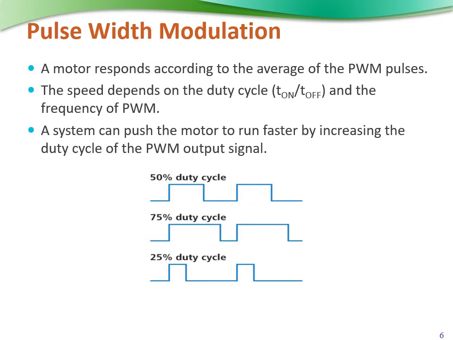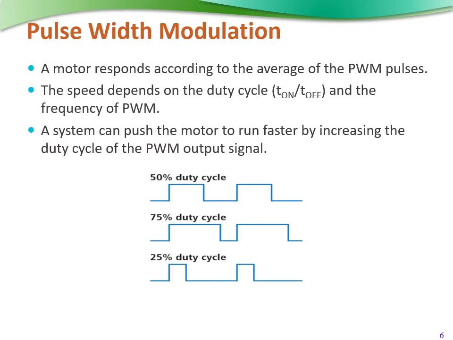Here is more about pulse width modulation. A motor responds according to the average of the PWM pulses, and its speed depends on the duty cycle and the frequency of the PWM signals. So a system can run fast or slow by changing the duty cycle as well as the frequency.